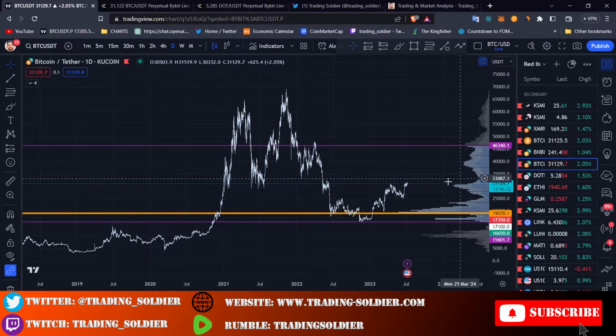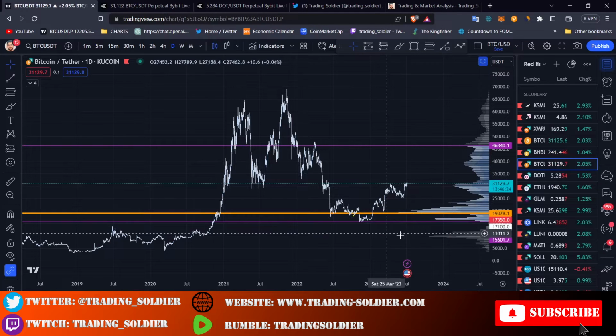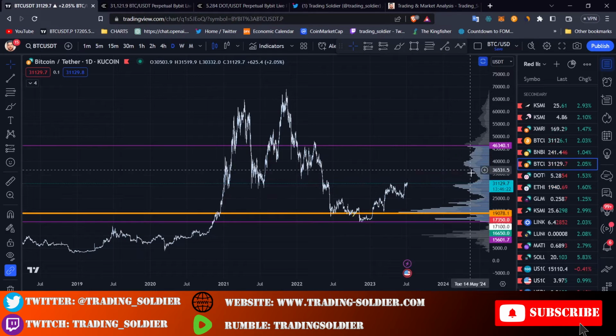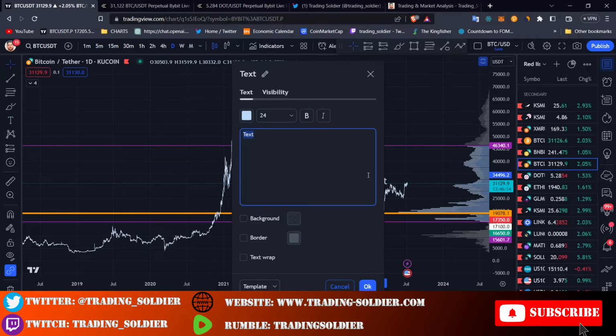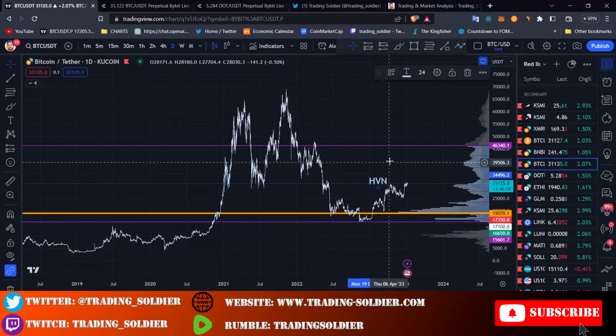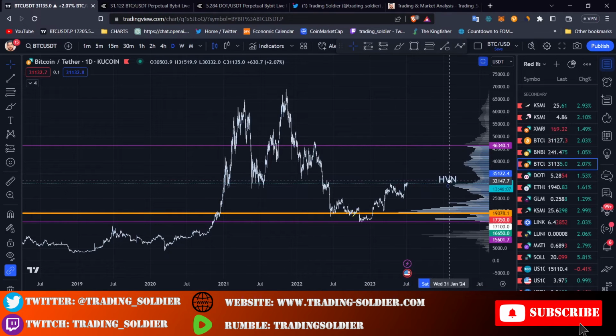As you see here, we have a spike, another spike, a plateau here, and another spike. We call these spikes high volume nodes, HVN. I will type it here: HVN, high volume node. So this will be an HVN.